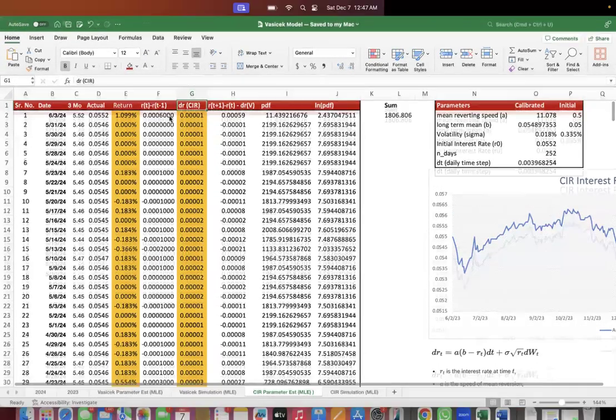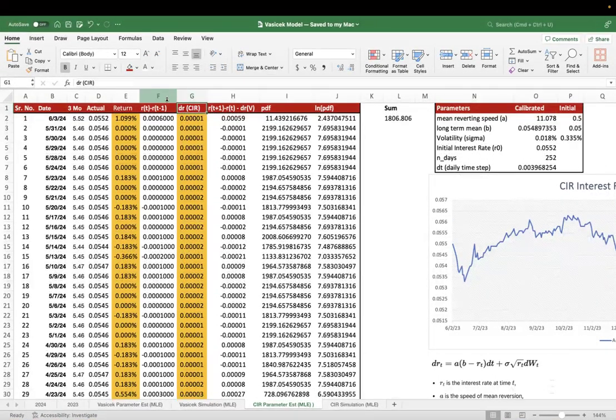Now, in a way, what we are trying to do is make sure that the actual change in interest rate, which is what we calculate using the market data, and whatever we get through the CIR model, should align. That's the aim.